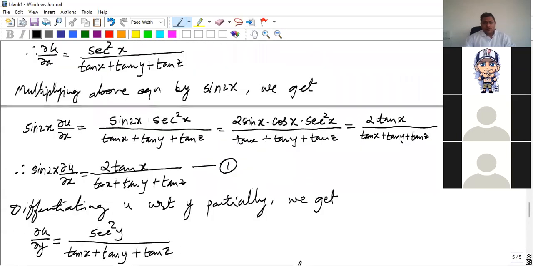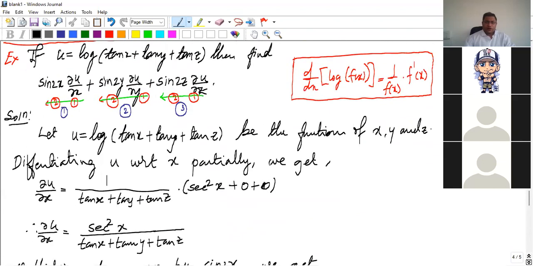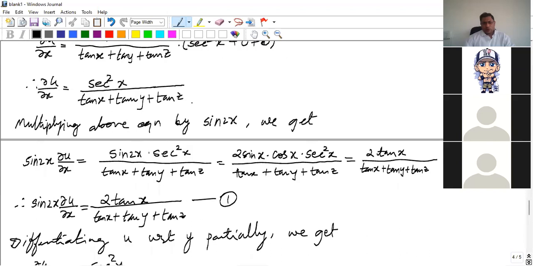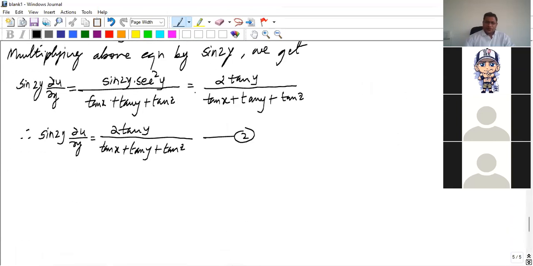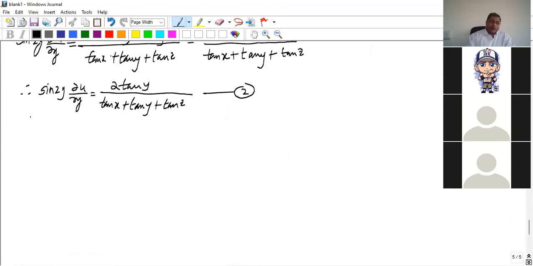Now see what we want. We want to do the same with the z variable now. So let us find the expression for the z variable. Again we have to start with differentiating u with respect to z partially.